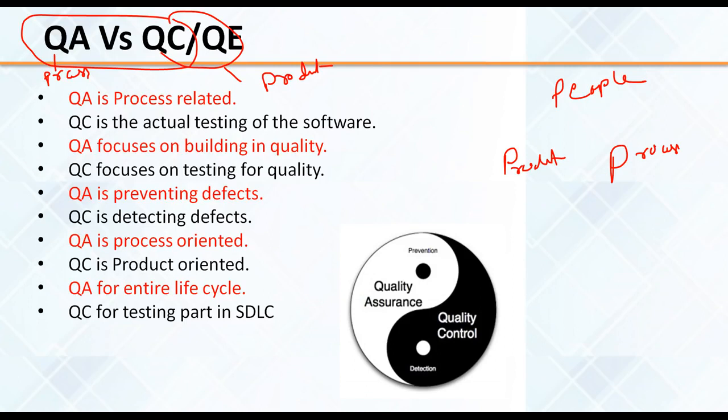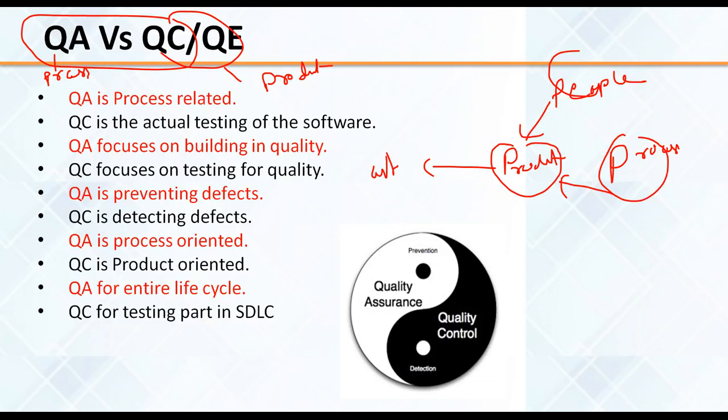So ultimately, if we want to deliver this product to the customer, we should have people and we should follow a certain process. Why do we need people and process? Because we need to develop a product and deliver it to the customer.